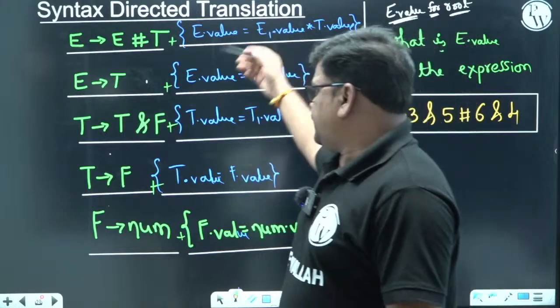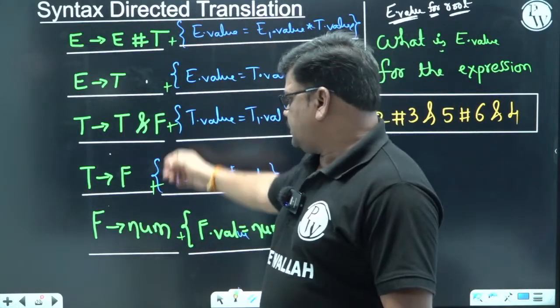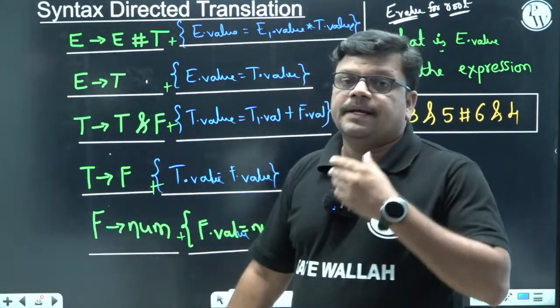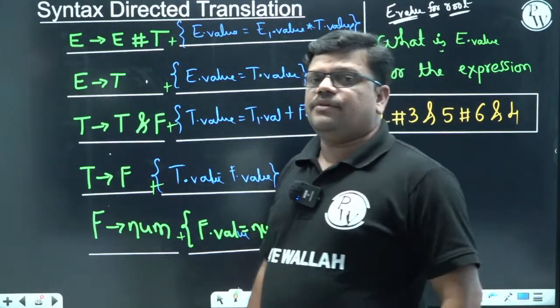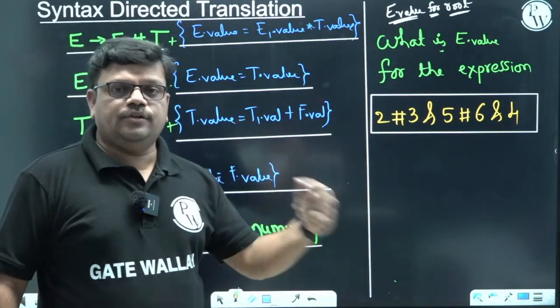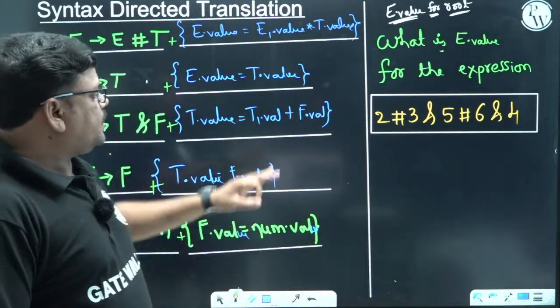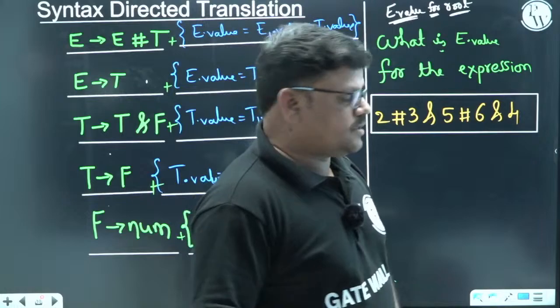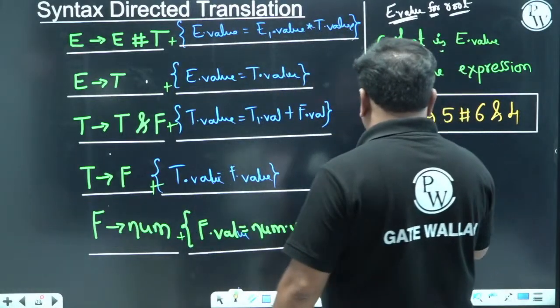So he has given the SDT. Already there are some grammar productions and rules. What we need to do is, whenever SDTs are given and you want to evaluate values from them, the first thing, for the given input, is to construct a parse tree.